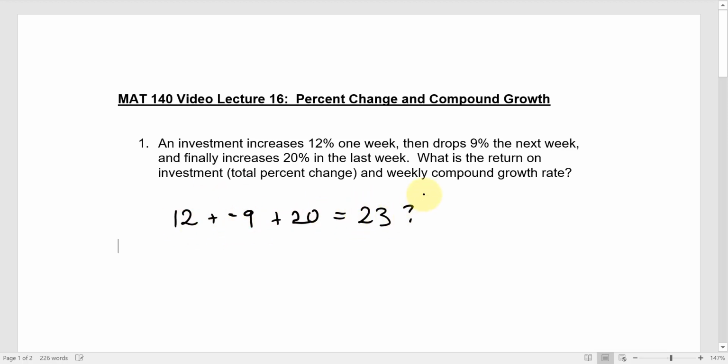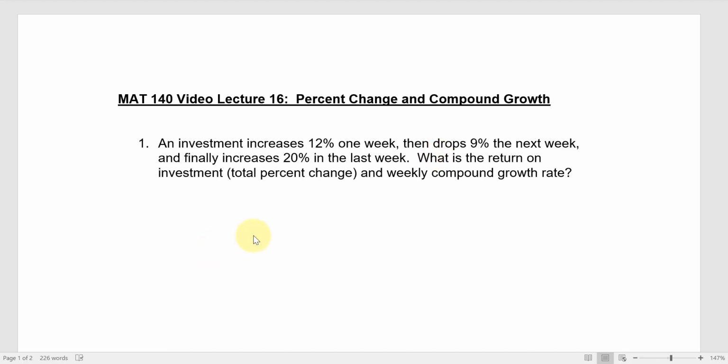So this might be something that somebody would imagine is the way to handle it, but this won't be the right answer. It's not an overall 23% change. I'll show you what it really is and why that's the right answer.